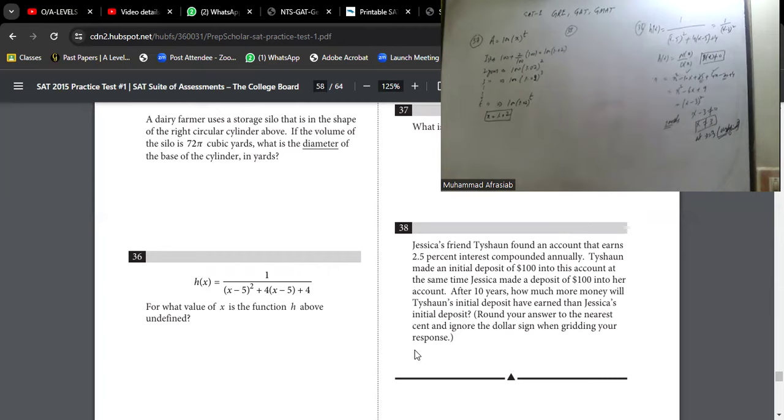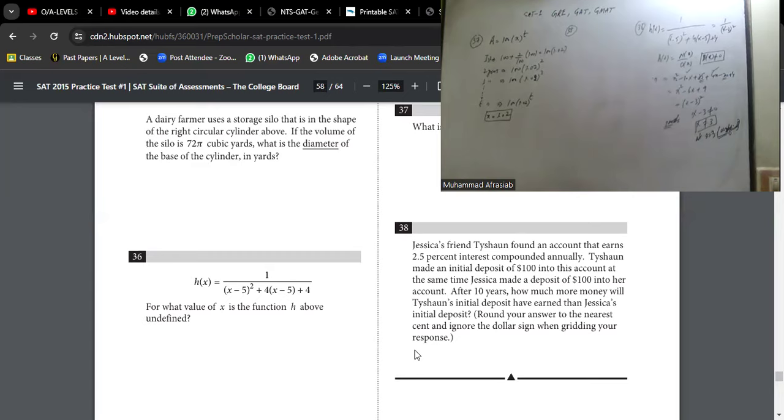Taishan made an initial deposit of $100 in the account at the same time when Jessica made a deposit of $100 into her account. After 10 years, how much more money will Taishan's initial deposit have earned than Jessica's initial deposit?